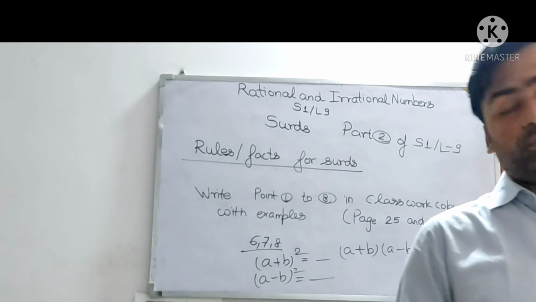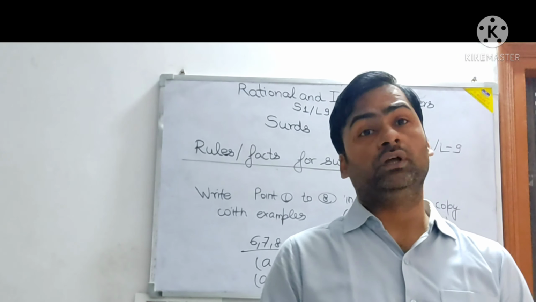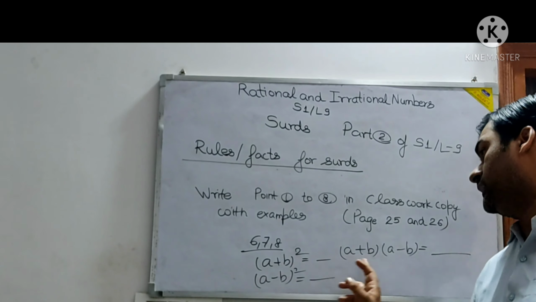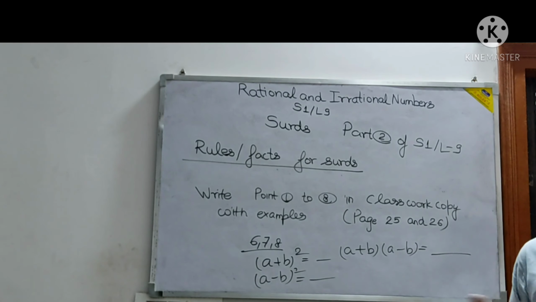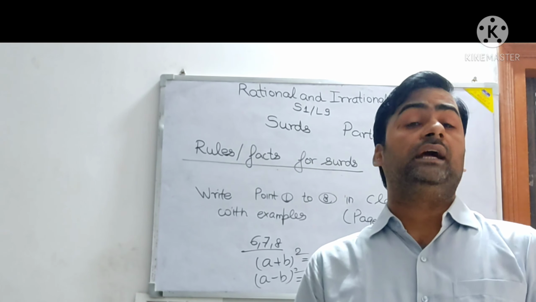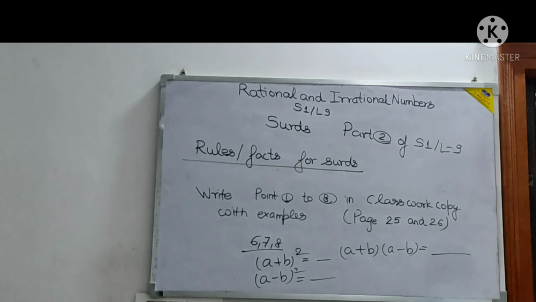So you must remember this, because we will be using it multiple times in surds. Also the new topic is rationalization of surds, which you must remember. So write all points 1 to 8 so that you understand them.